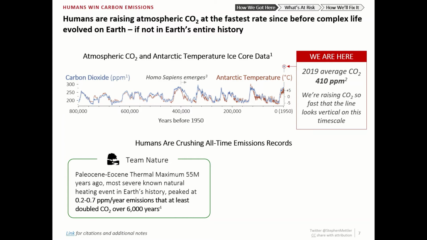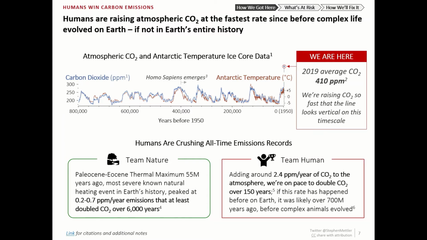Now, in comparison, what are we doing? I'm very proud of the little trophy I gave us here because we are absolutely winning this race. We are currently adding around 2.4 ppm per year of carbon dioxide to the atmosphere, putting us on pace to double carbon dioxide over 150 years, a fraction of the time that most extreme natural event took.